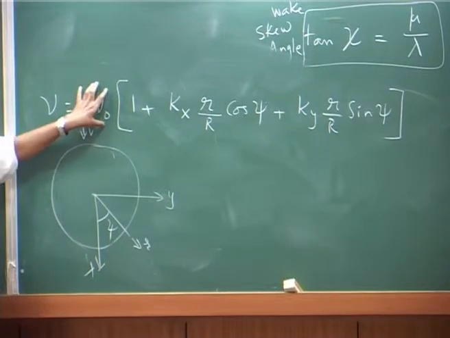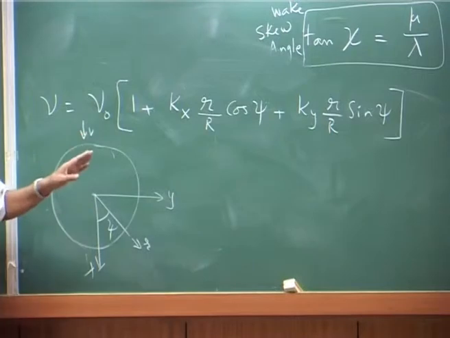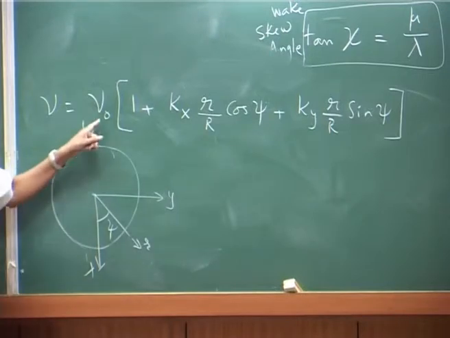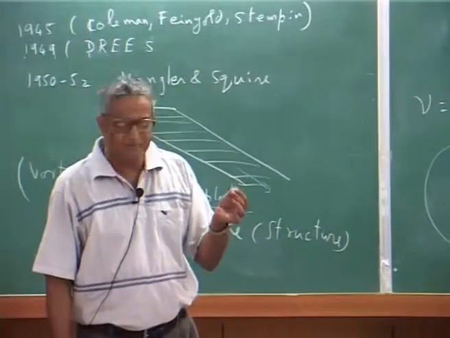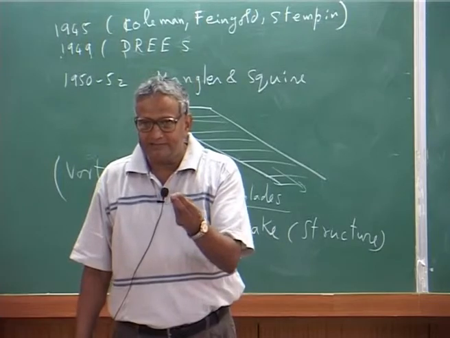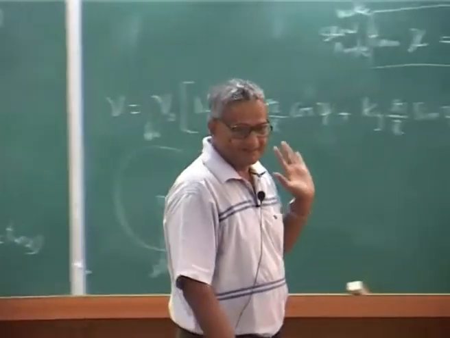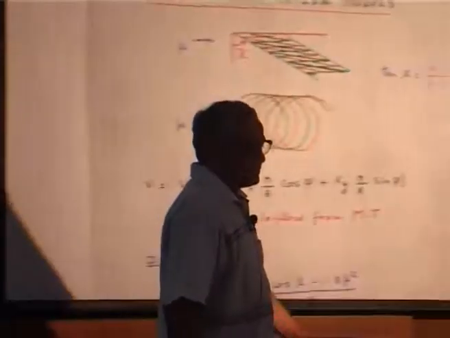Nu naught is some kind of a mean value, mean inflow, but please now I am using one more symbol, nu sub 0, but this is in forward flight. That mean inflow is basically the value you obtain from the momentum theory. Okay. So that is this value.